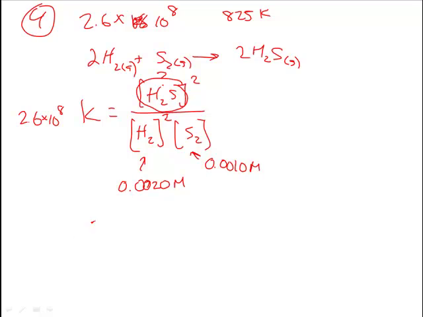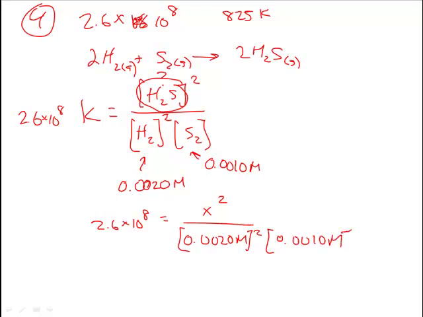So in the problem, we know 2.6 times 10 to the 8th equals x squared, which is our unknown, divided by 0.0020 molar squared times 0.0010 molar. So this is our equation to solve for x.